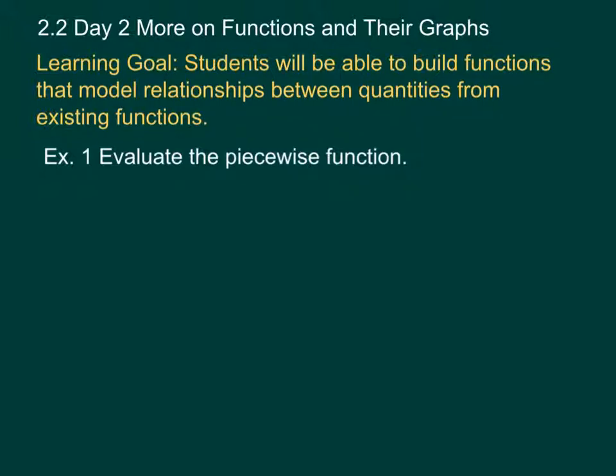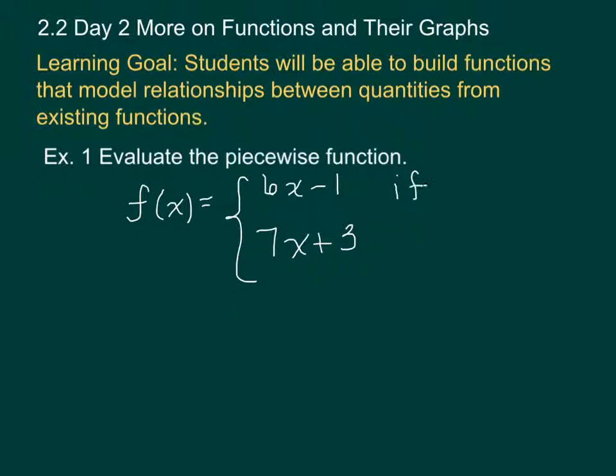So a piecewise function looks like this. You have two or more equations. We'll start off with two. And then they're going to give you a specific domain. So the first equation is for those x values that are smaller than 0.